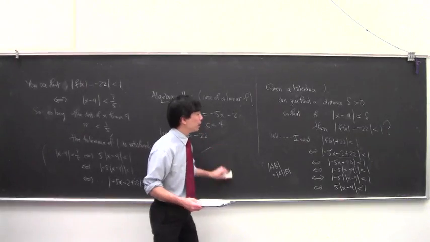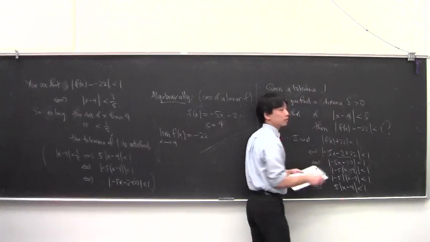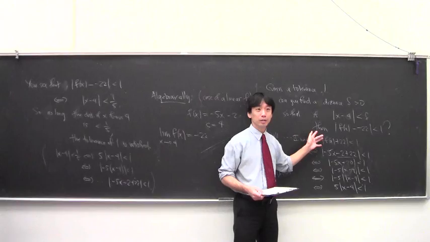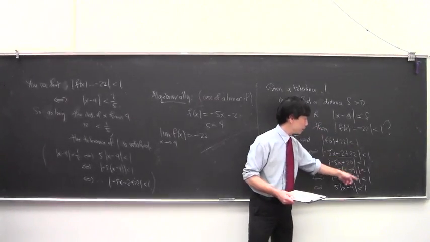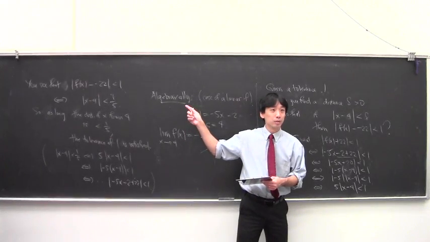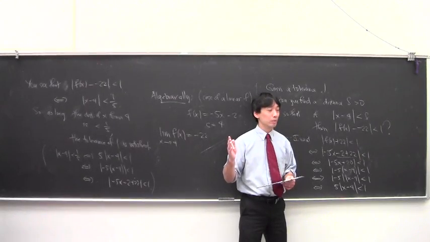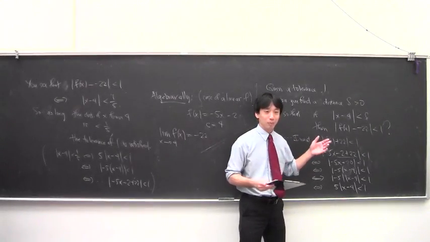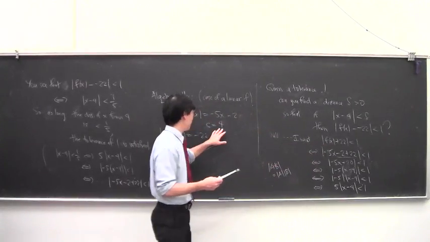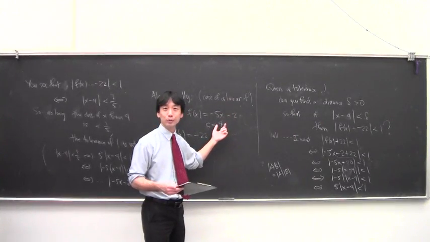Okay. Now, what if the tolerance is 0.1? Does anything change here? Basically, the whole thing, we just put 0.1s all the way down, and what is the distance going to be at the end? 0.1 over 5. As long as we're within 0.02, excuse me, as long as we're within 0.02 of 4, then our outputs are going to be within 0.1 of negative 22.